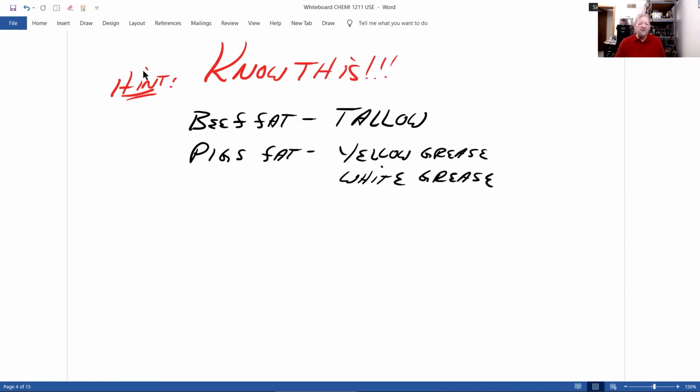If on a test, I would ask, what's tallow? You should know it's beef fat. What's yellow grease or white grease? Those are two different types of pig's fat. Now, one of the interesting things is tallow and yellow grease and white grease are very important chemicals in the United States and throughout the world.